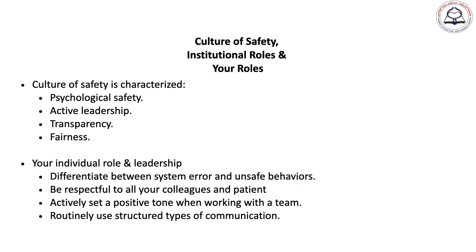As an individual, you have to differentiate between system and individual error, be respectful to other colleagues, actively set a positive tone when working with the team, and routinely use structured communication. We're going to explore all these in the culture of safety session.